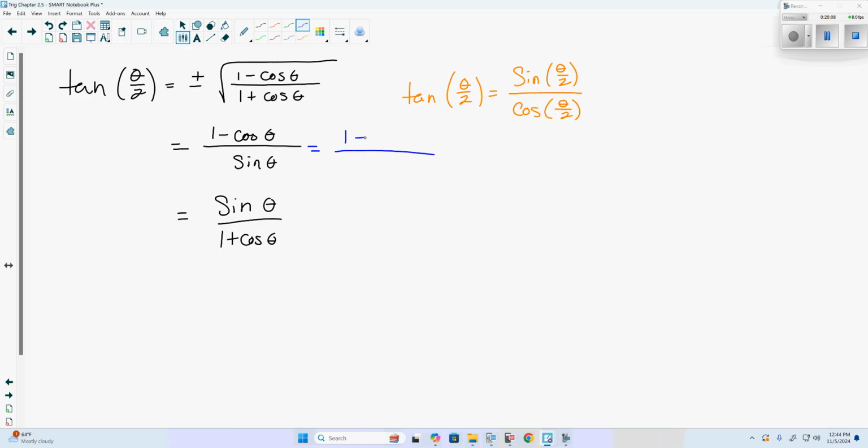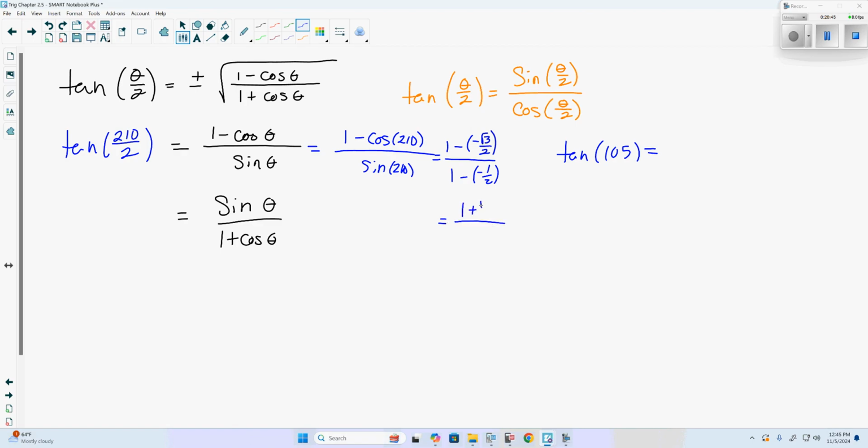This would be 1 minus cosine of 210 over sine of 210, because we're looking at tangent of 210 over 2. We're trying to find tangent of 105 degrees. That's 1 minus negative square root 3 over 2, over 1 minus negative 1/2.